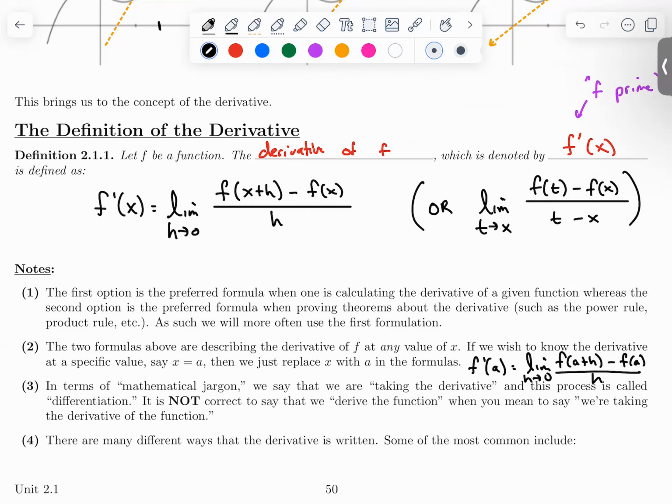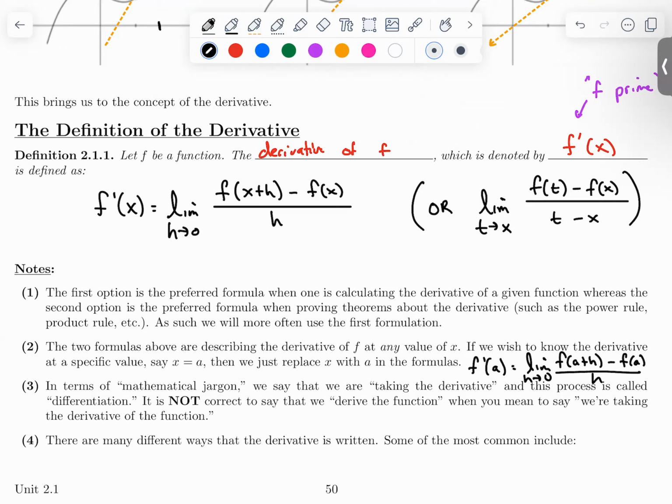As a small note, just for terminology's sake, because it hits the ear wrong: we are taking the derivative, and the process is called differentiation. We are not deriving the function. We are not deriving f. We are taking the derivative of f, because deriving f would mean you're coming up with the formula for f, which is not what we're doing.